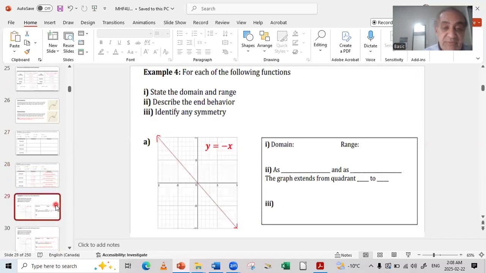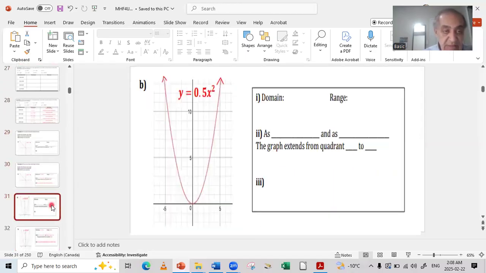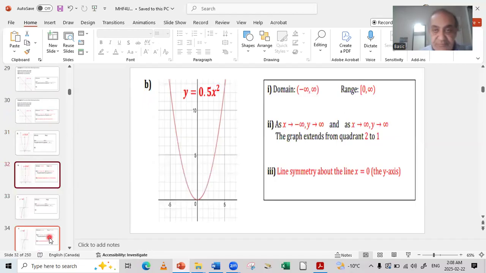Here are some examples of functions. Another example: y equals 0.5x squared. This is quadratic. The domain of x is from minus infinity to positive infinity, because x can take any value here.